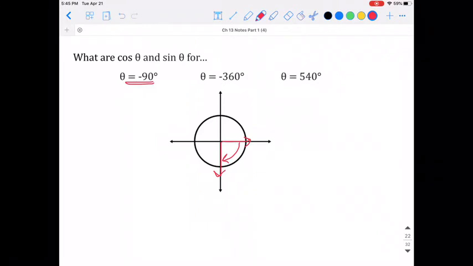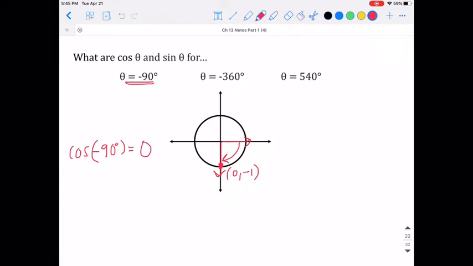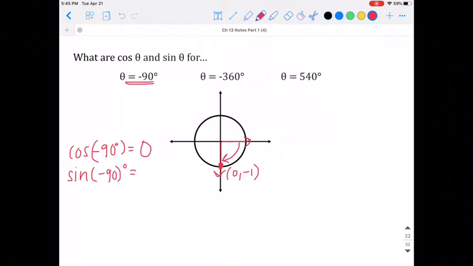So cosine of negative 90 is represented by the x value of this point, and this point is at (0, negative 1). So cosine of negative 90 is going to be 0, and the sine of negative 90 is going to be negative 1.